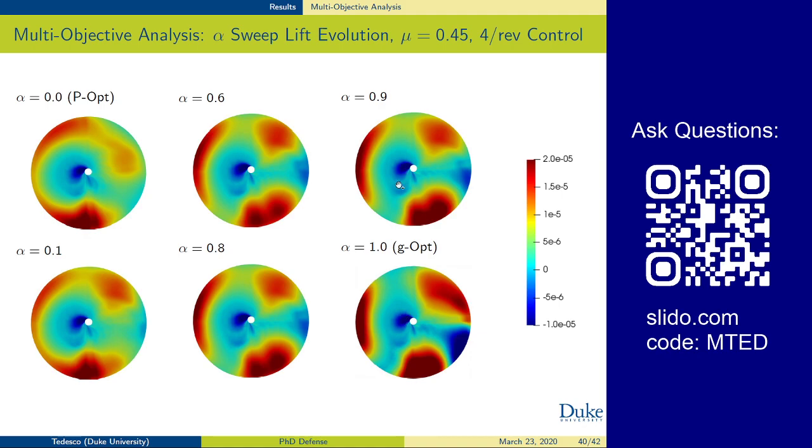Once we hit 1, we see drastic changes in this region up here, becoming more smeared towards an azimuthal angle of 90 degrees. We notice that this region here tends to get a little bit more negative and moves closer to about 45 degrees. This is suggesting to us that in that alpha region, we're noticing not significant changes in the lift distribution, but we're still able to reduce the vibration.